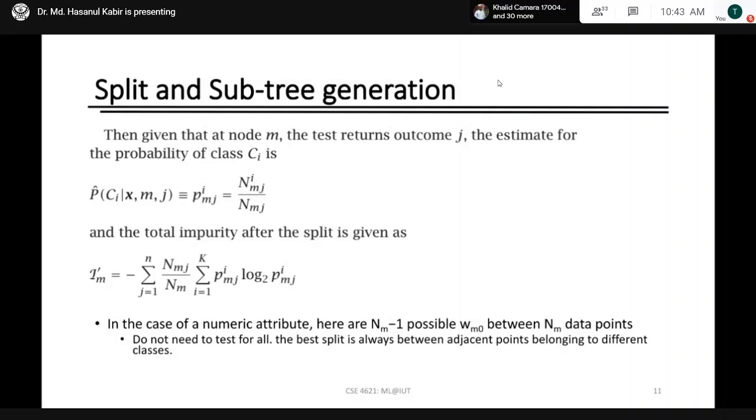So if we have n samples, some of them go to the branch j equal to 1, j equal to 2, and j equal to 3. If I ask you how many samples went to the branch j, that number is n subscript mj. Is it clear?